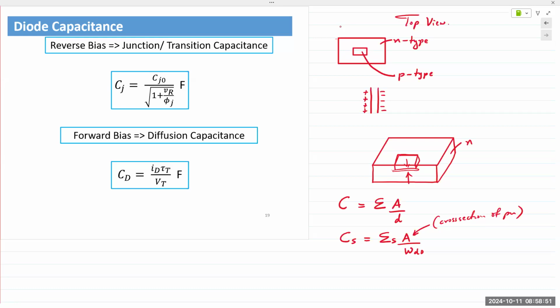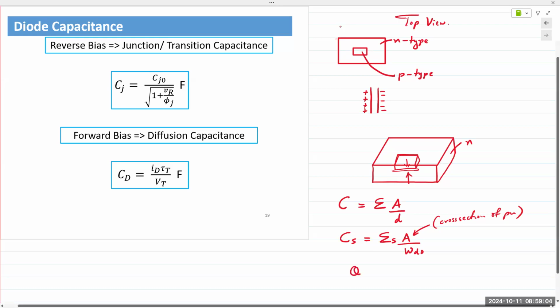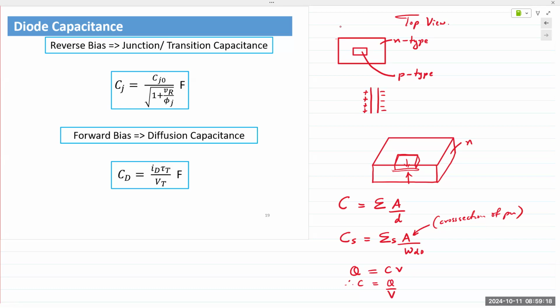And because there is charge accumulating on both sides due to the applied voltage, it has capacitance. In case you need to remember, circuits 2, I believe, Q is equal to CV. So capacitance is Q over V. Capacitance is basically the capacity of that element to store charge as a function of the applied voltage.